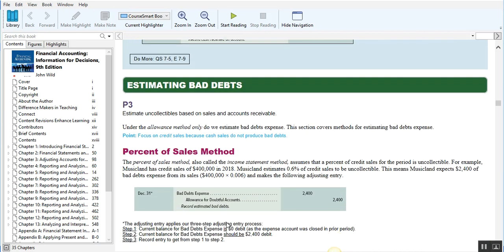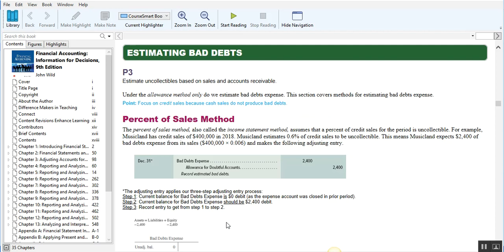Okay, and then when we want to calculate the allowance at the beginning of the year or at the end of the year, whichever period, typically this is done when we're looking at the beginning of the year or something of that nature. But here they're going to say, we're going to calculate it based on a percentage of sales. This makes sense if you know about how much of the credit sales you have that are not going to be paid.